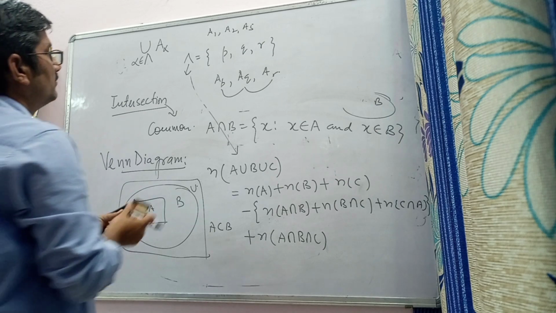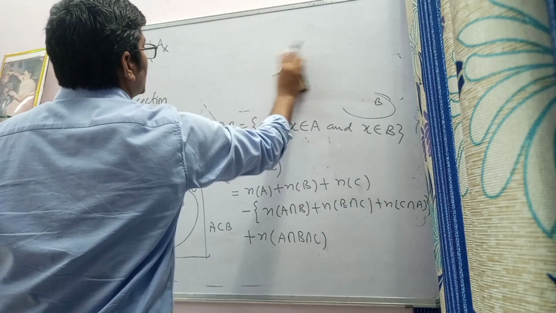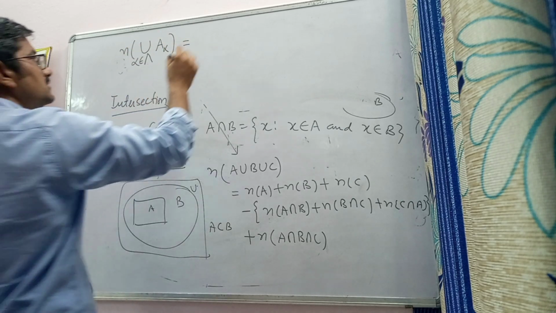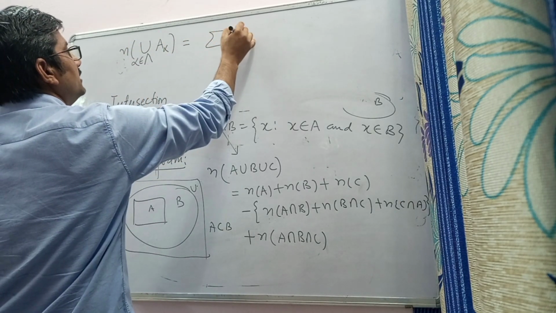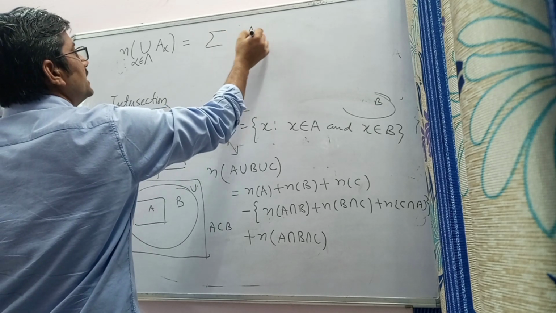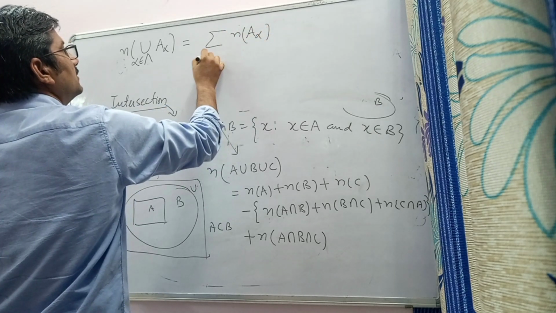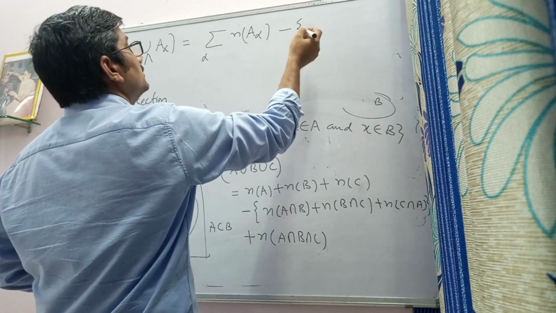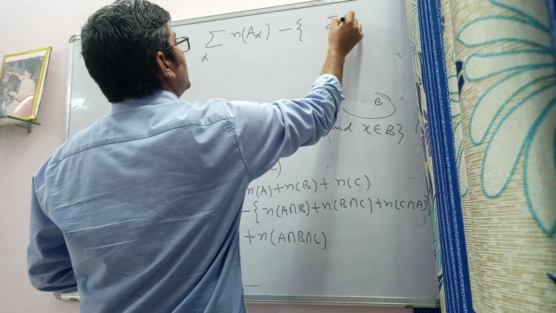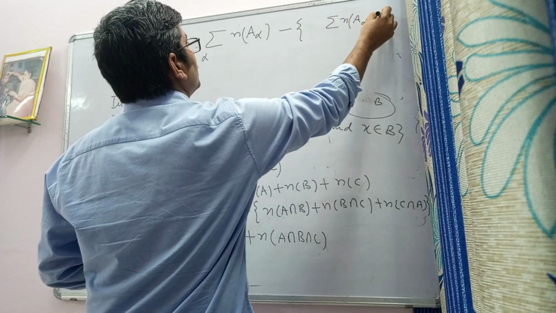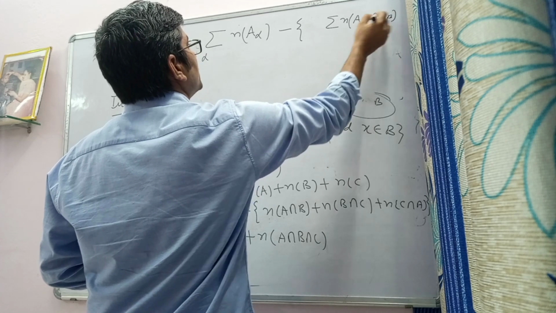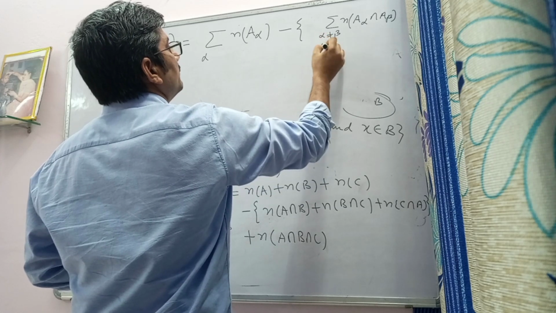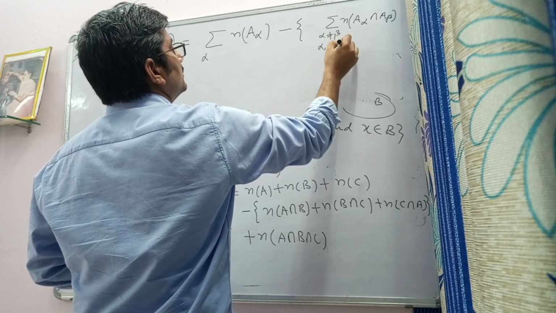So the number of elements in this union, or its cardinality, can be written as the summation of the cardinality of each A alpha, minus the summation of the cardinality of A alpha intersection A beta, meaning pairwise intersections, where alpha is not equal to beta but you cover all alpha, beta in the index set.